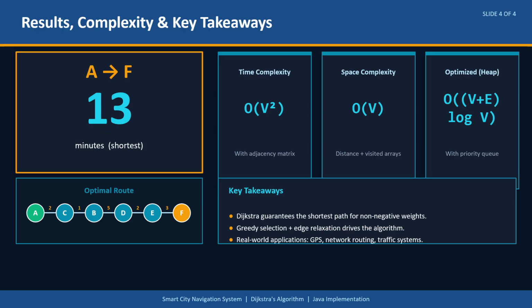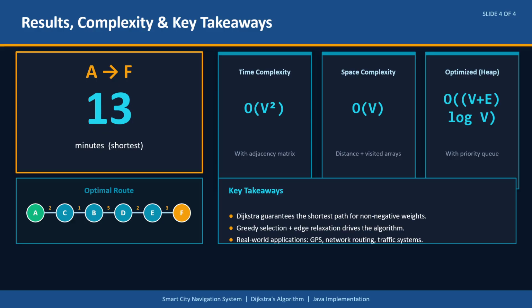And one more thing is, this same algorithm powers real world systems like GPS navigation, network packet routing in routers, airline scheduling, and so on. Smart city traffic systems also.